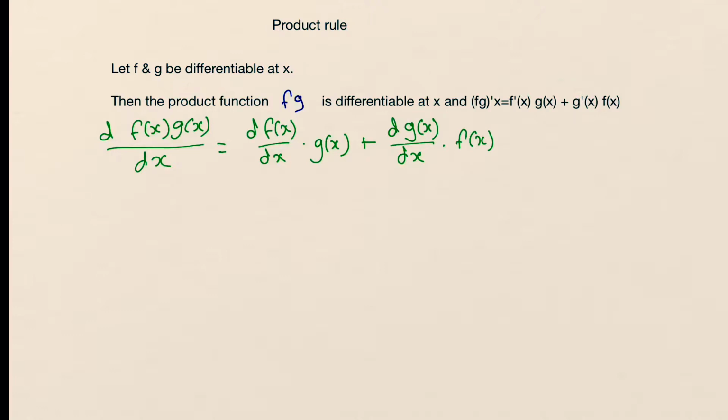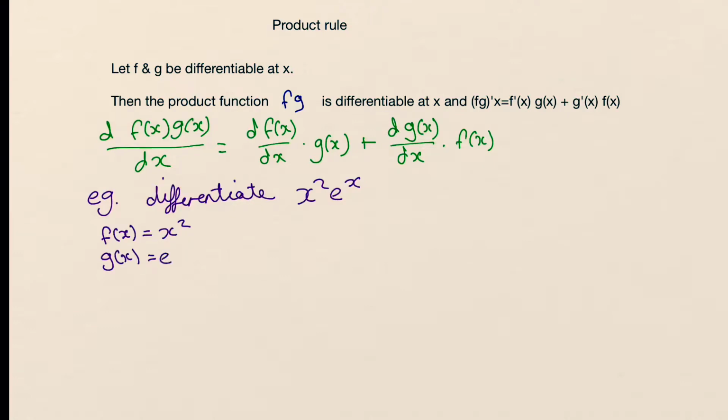So let's show this with an example. If we say we want to differentiate x squared e to the x, what we're going to do first is identify the functions. So we've got f(x), we're going to call x squared, and g(x) is going to be e to the x, and then we want to differentiate these.